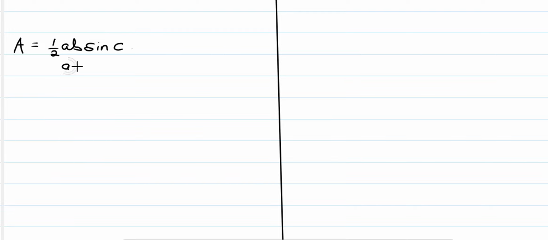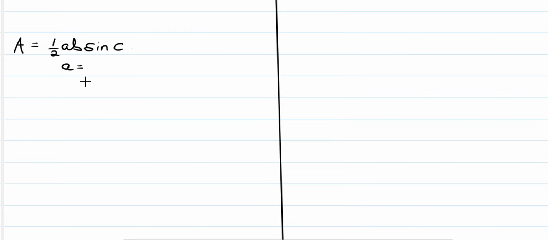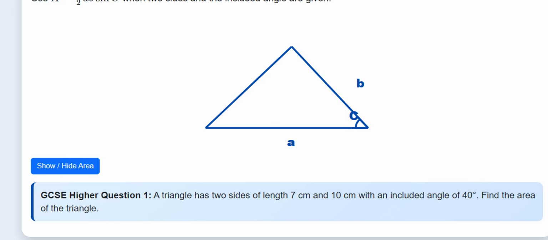So here in our case, A is 7, B is 10, and C, which is the angle, is 40 degrees.